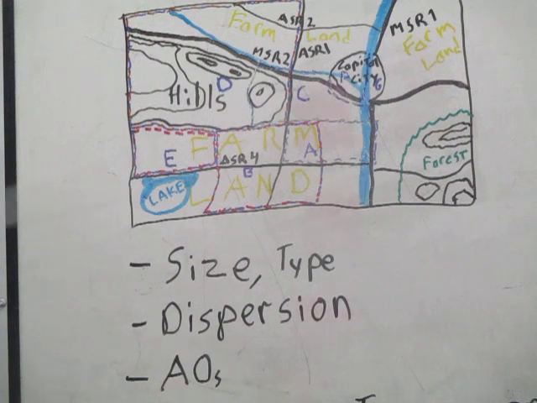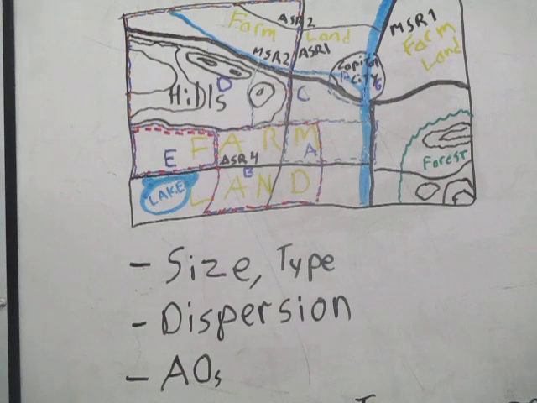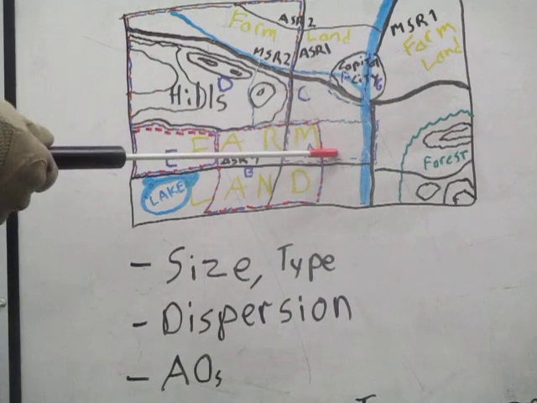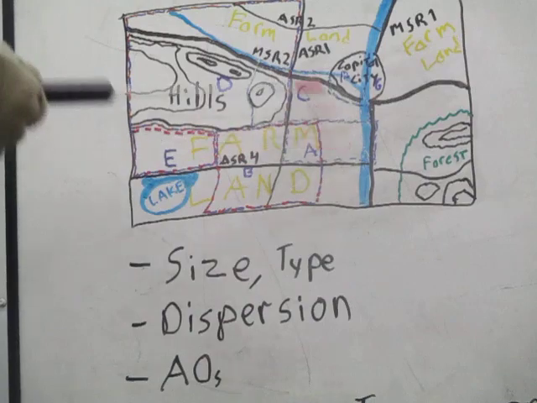Now, we're going to be going into dispersion, areas of operation, main force, and local. All this is going to kind of blend together here. I've gone through on the map, divided it up into different areas for different units: Alpha, Bravo, Charlie, Delta, Echo, out in the rural.